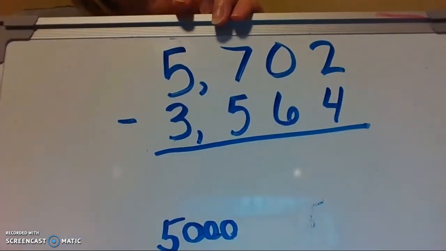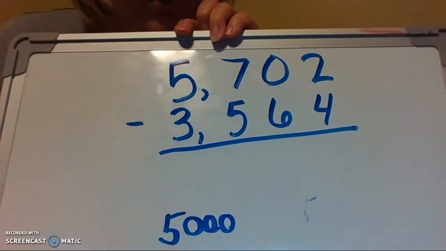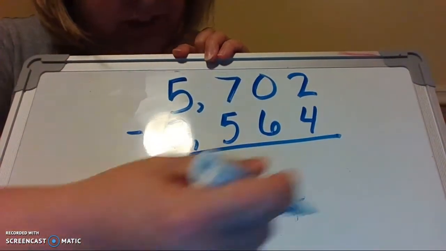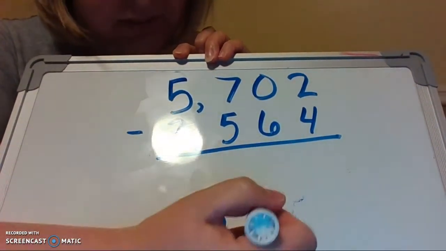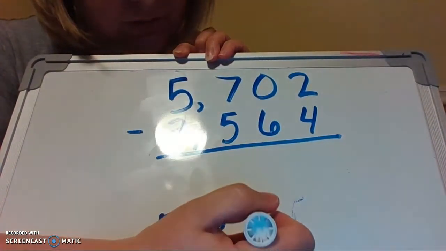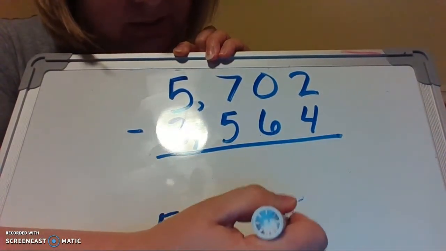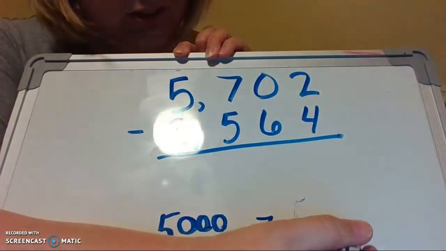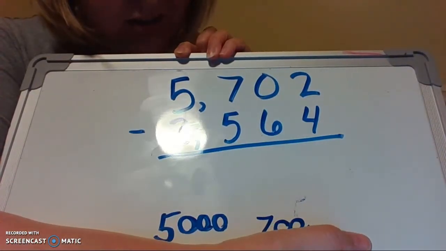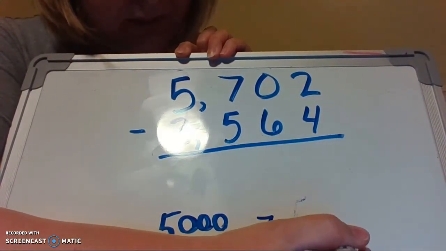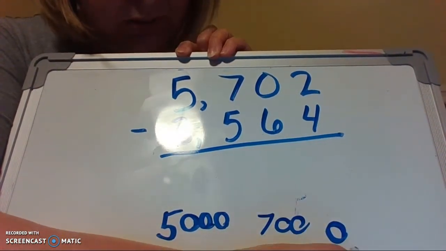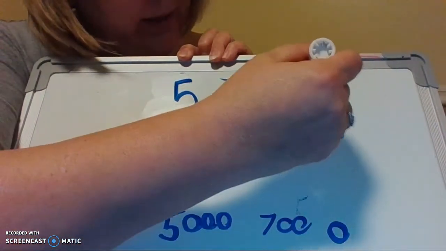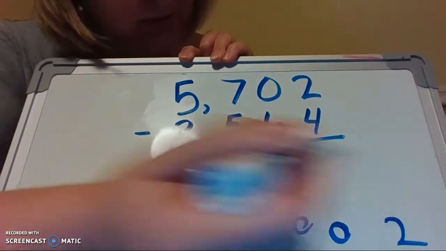So I'm going to rewrite it in expanded form. So I'm going to have 5,000, and I'm going to leave a space because I want to separate my thousands from my hundreds. 700. I don't have any tens at all, so I'm just going to put a 0 right there for 0 tens, and then I have 2 ones.